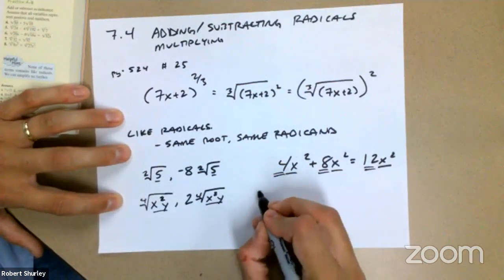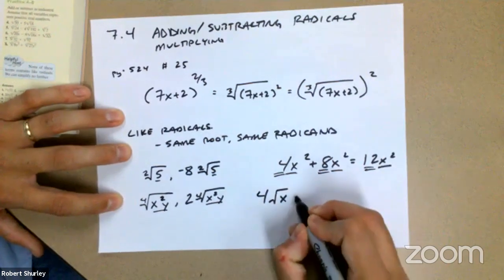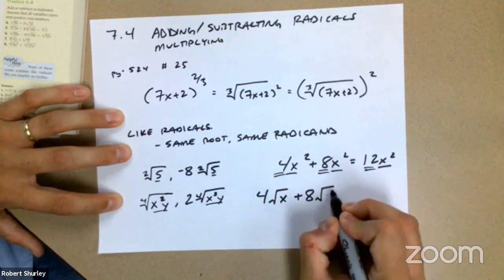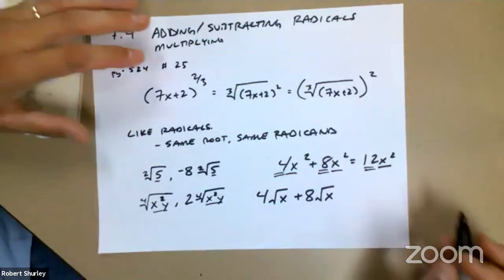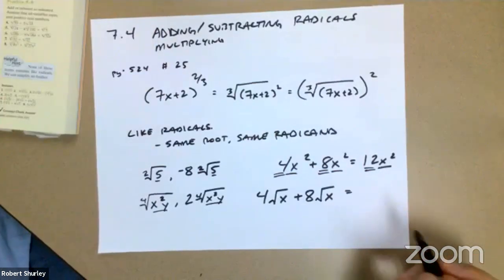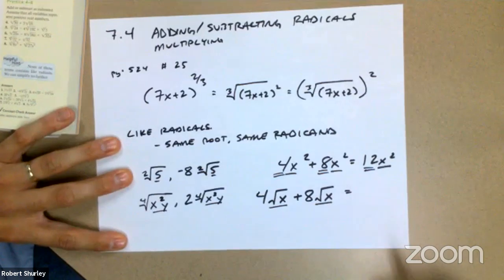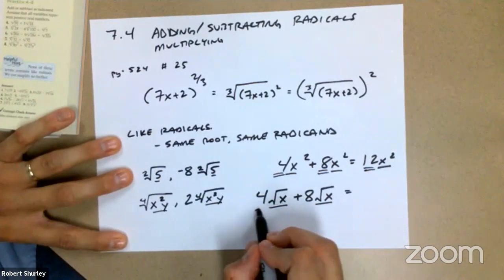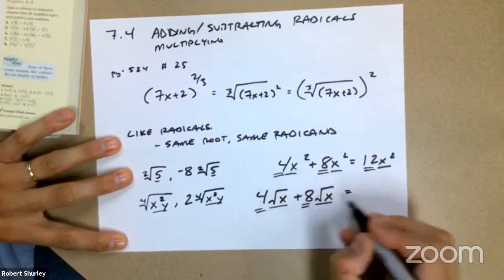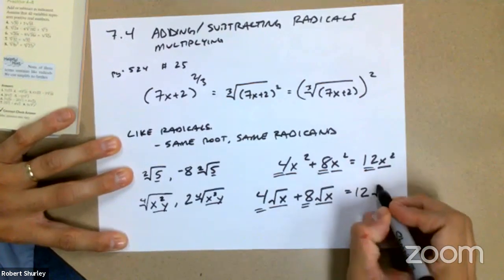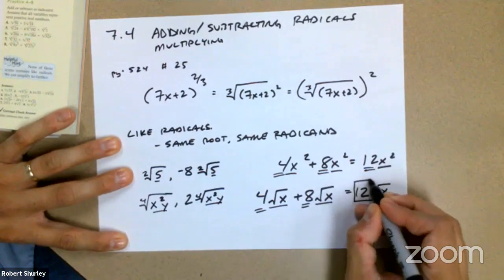So for example, 4 square root of x plus 8 square root of x. We can add these together because they've got the same root and same radicand, and you just add the coefficients. So 4 plus 8, you wind up with 12 square root of x.